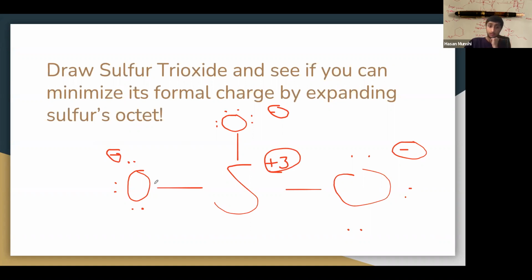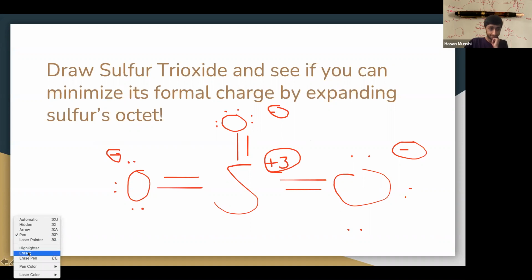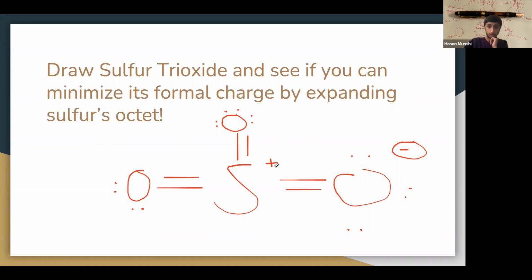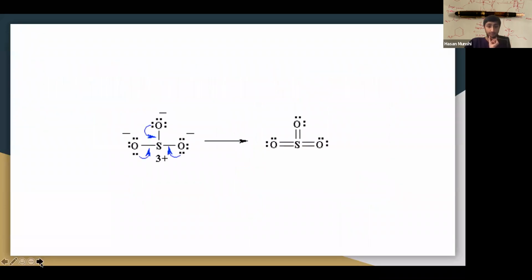That's not good. But what if I put a double bond, a double bond, a double bond, and if you do that, then you actually get zeros overall, which is good. And that's fine because sulfur is not in the first two rows of the periodic table. So you can expand outside the octet. That's all good.